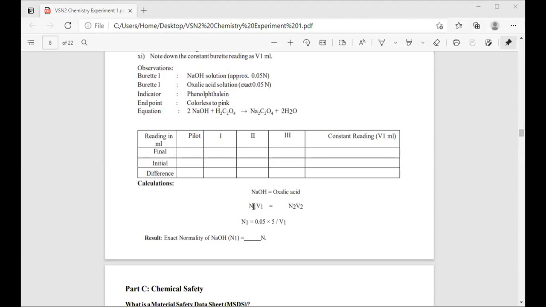N1 you have to calculate, and for that V1 is 5.6. So find out the normality of NaOH: 0.05 multiplied by 5 divided by 5.6. Tell me the answer.